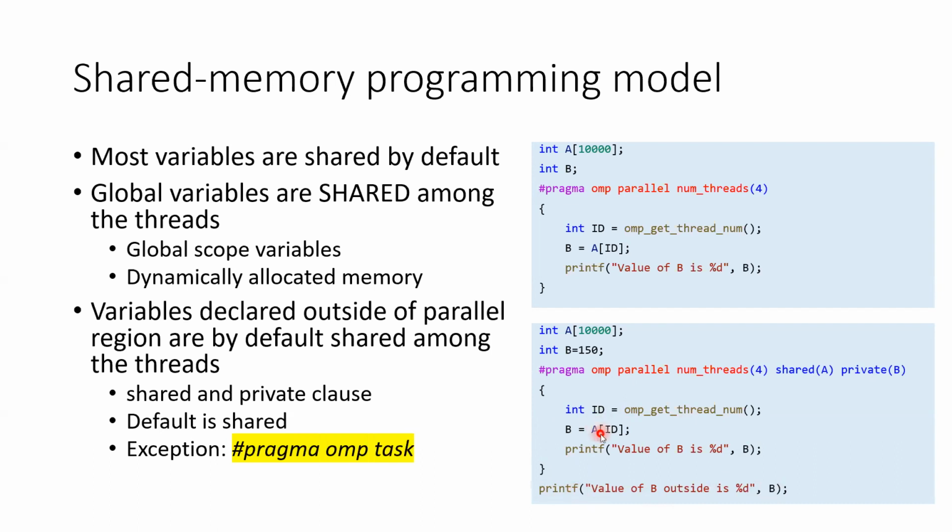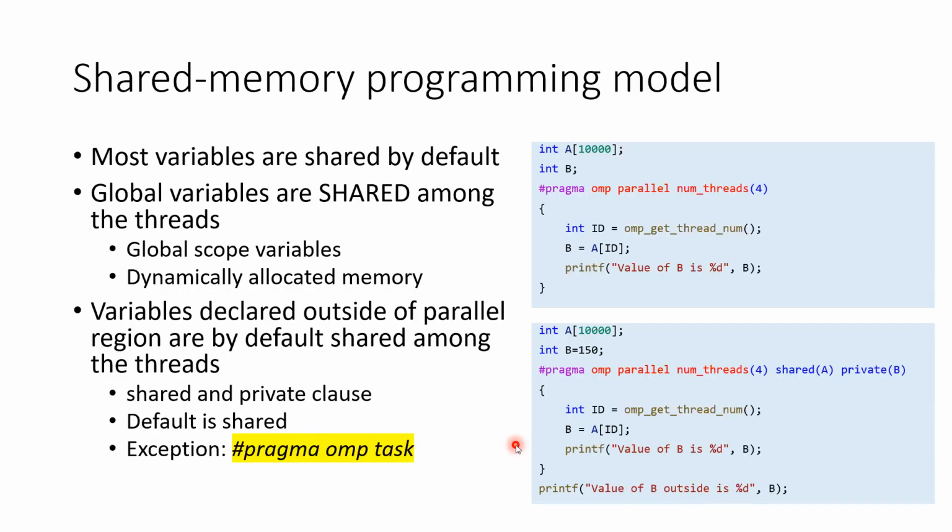Although maybe A0 is writing some 10 value and A1 is writing 20, any execution of this part will not have any effect on the value of B. If you print B here, it will again be 150. So it's basically a new copy of B for this parallel execution. This will output the value of B at thread one as B1 and so on, and for the outside part it will be just 150.